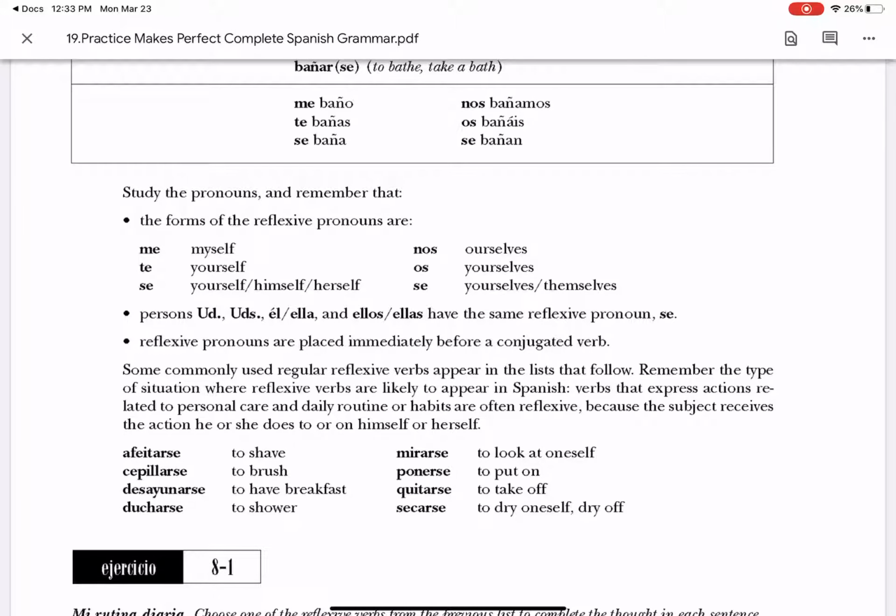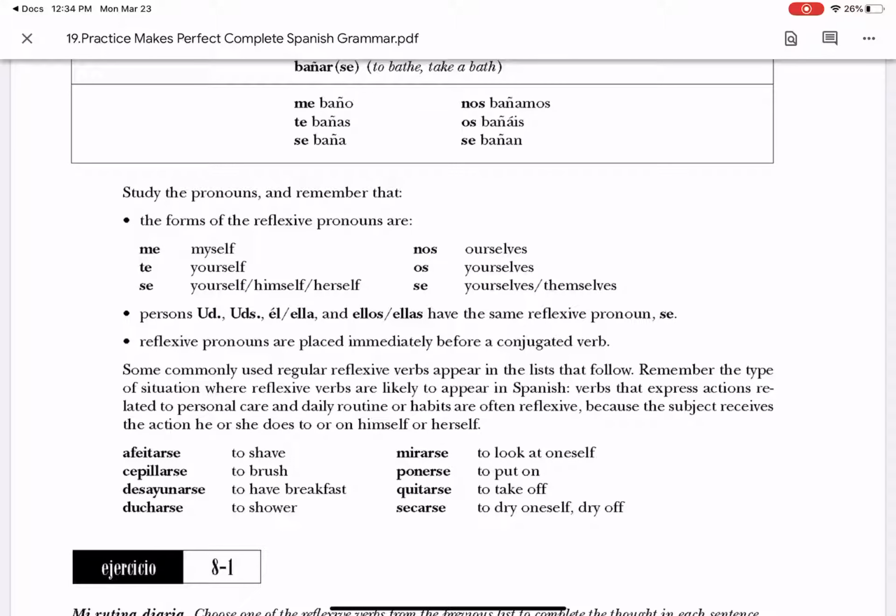Me is going to be your pronoun, and o is going to be your conjugation ending, me baño. For tú or the informal you, it's "te bañas," right? And then for usted, so the formal you, él, ella, it's "se baña."